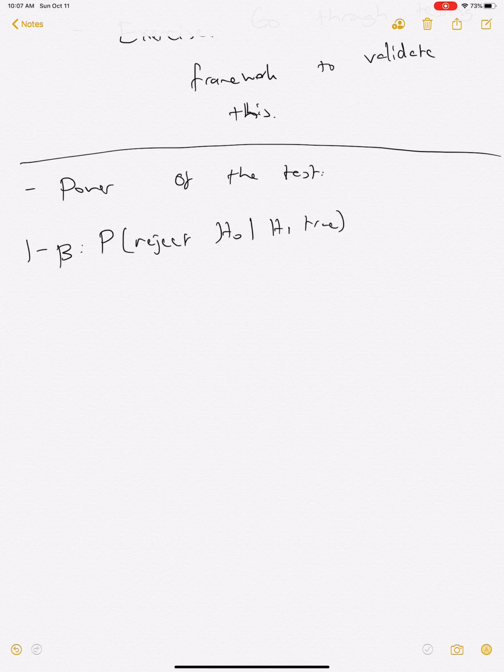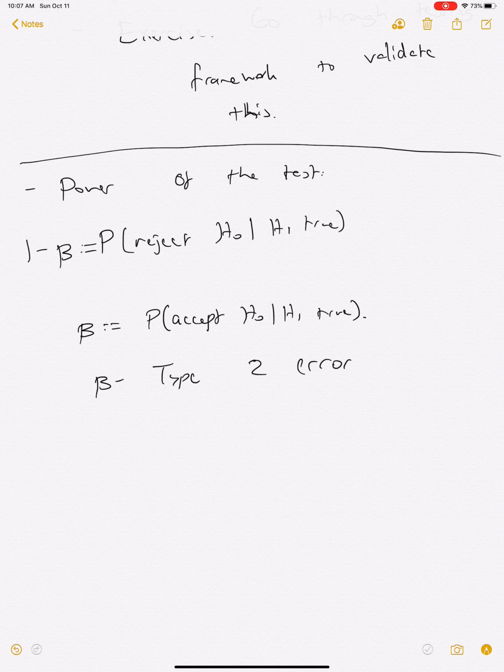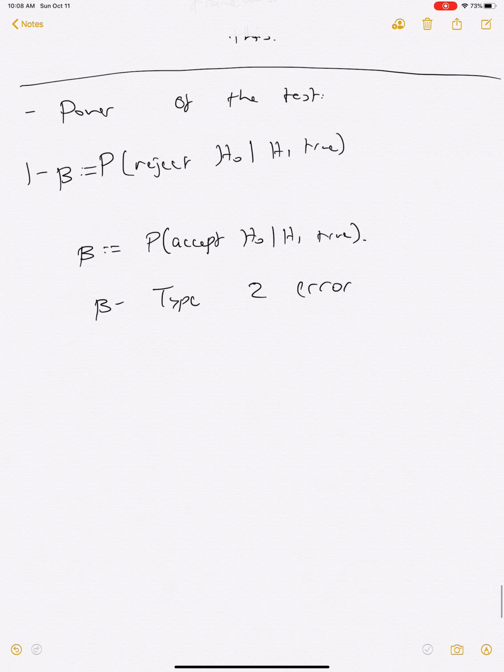Beta is the probability that you accept H0 given that H1 is true. This is often referred to as type 2 error, because if H1 is true, you would want to reject the null hypothesis, but you're actually going to accept it. That's referred to as the power of the test. So 1 minus beta is the power, and beta is the type 2 error.